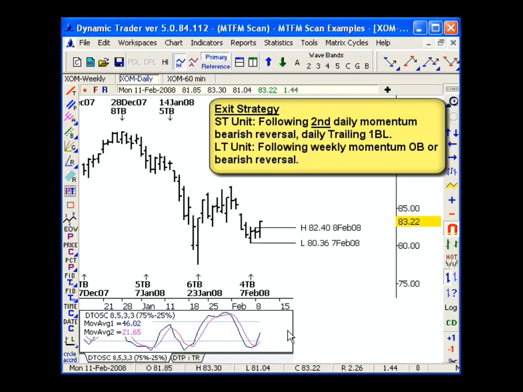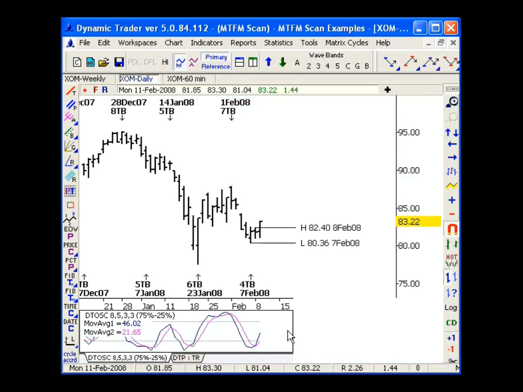So we have that specific strategy for the short-term unit and the general exit strategy for the long-term unit. So let's add some bars on to the chart and see how we manage the trade as new information is given as new bars are added.